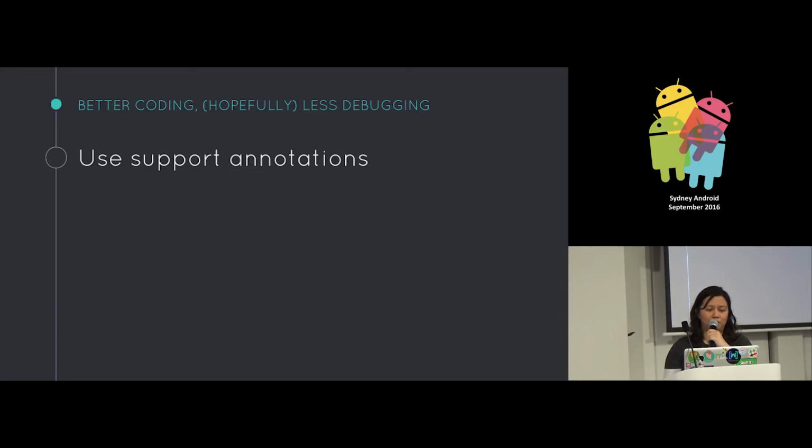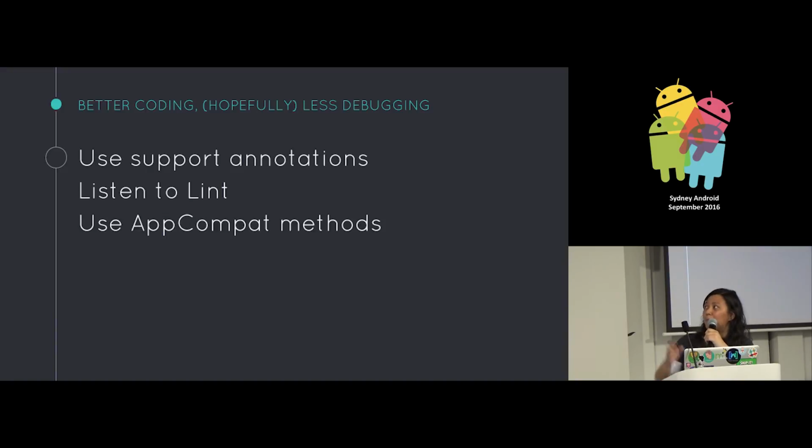It's really, really helpful. Listen to lint. Lint used to be so bad, and we just said, well, yeah, whatever, I just ignore you. But now lint has gotten so much better, and it's giving good suggestions now of how you can make your code more readable and more maintainable. So listen to lint, especially with app compat methods.